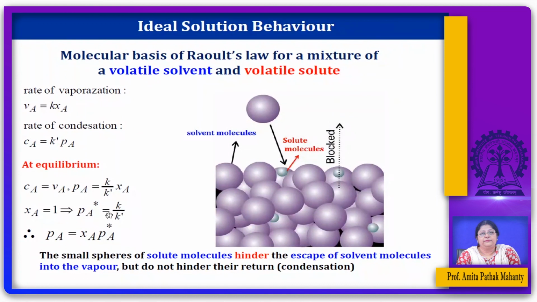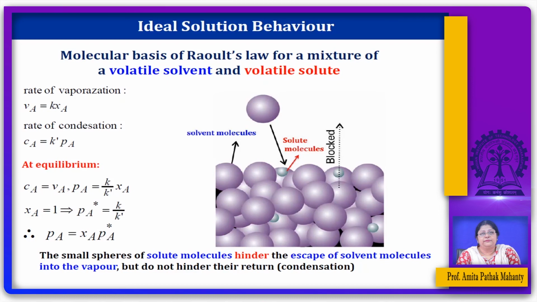So I replace P by P star, or I can define this when x_A equals 1, this value becomes equal to P star.